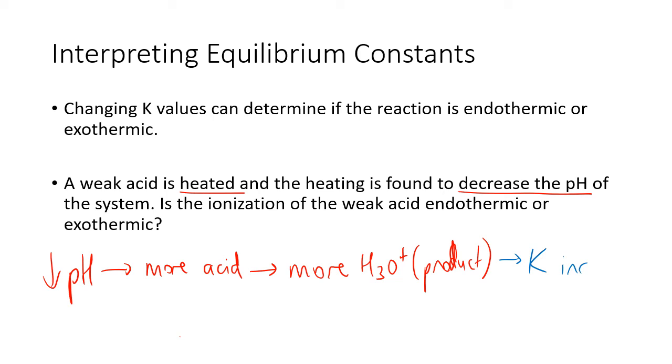K increases. Temperature is the only thing that affects K, but we'll get to that later when we get to changing systems at equilibrium. So the K value increases. If the K value increases when there's an increase in temperature, that means that the forward reaction is what?